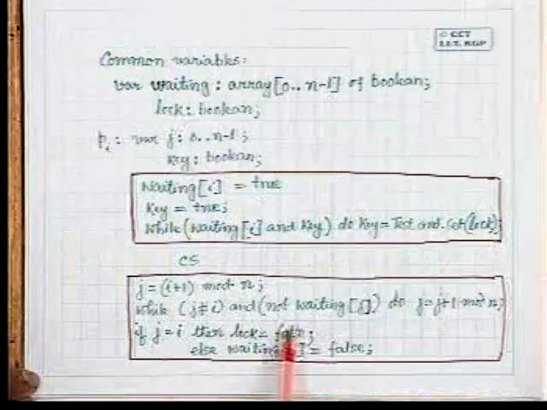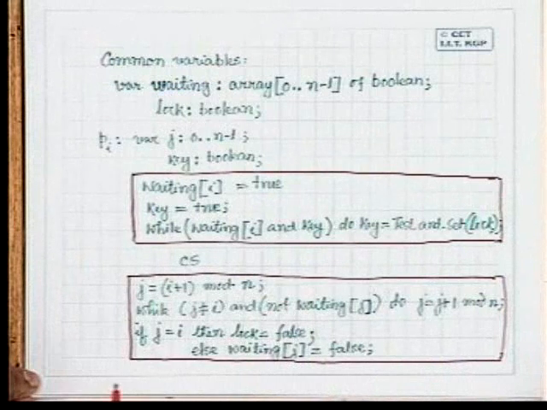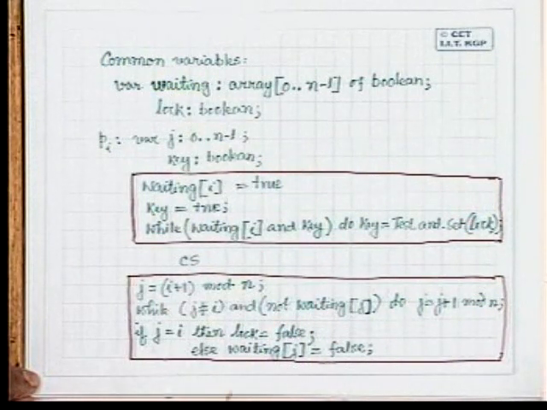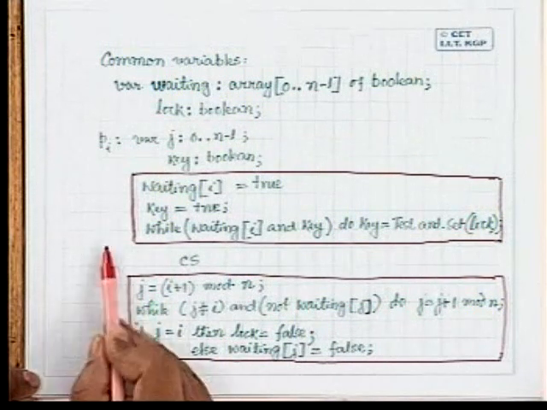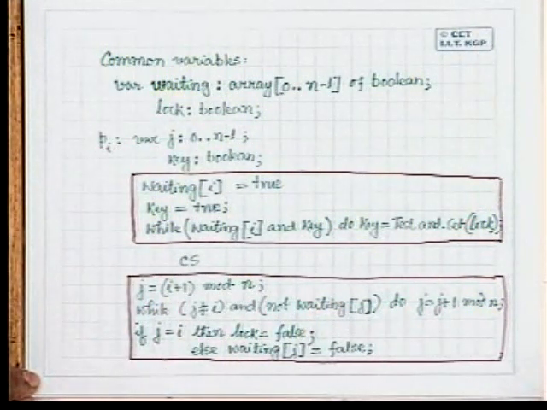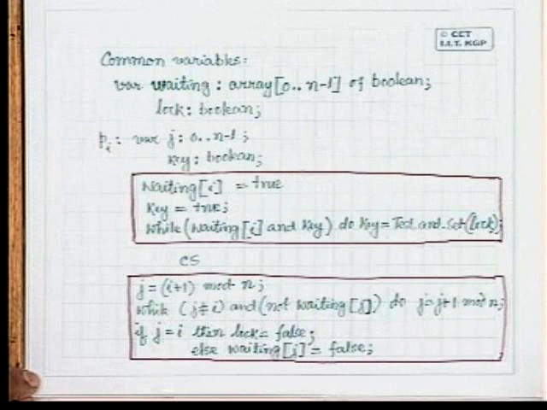The third requirement, bounded waiting, is also met by this solution, because you are checking all the processes in a circular manner, 0 to n minus 1, then coming back to 0 again. This decision is taken by the ith process itself. If i is equal to 5, then the fifth process checks whether the sixth process wants to enter the critical section.